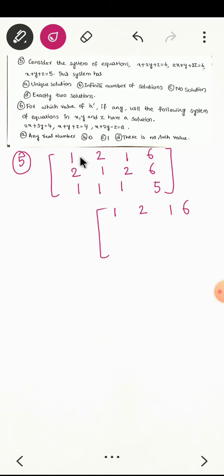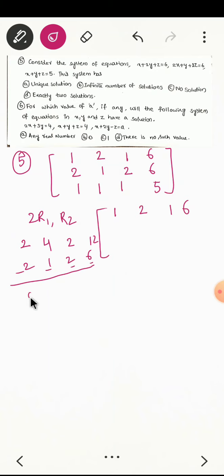For that you have to take 2 times of this. So 2R1 comma R2. 2 2s are 4, 2 2s are 4, 2 6s are 12, 2 1 2 6. So minus minus minus minus. What will happen? 4 minus 1 is 3, 2 minus 2 is 0, 12 minus 6 is 6. So 0 3 0 6.